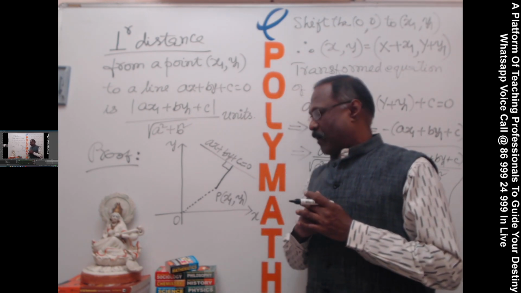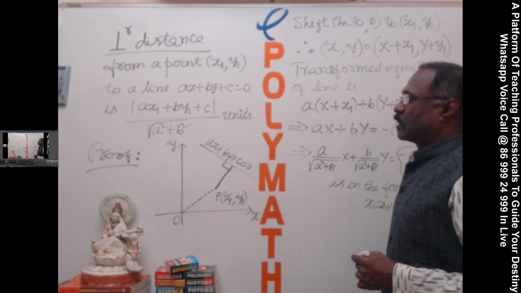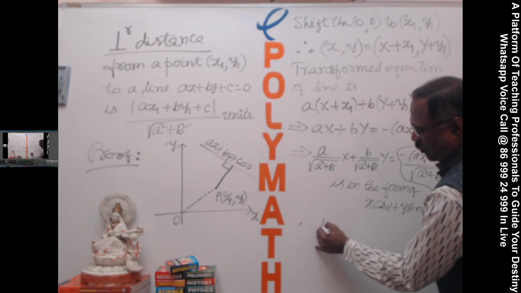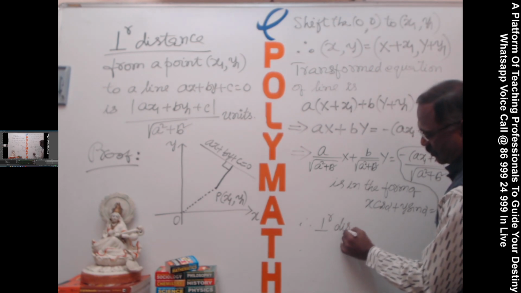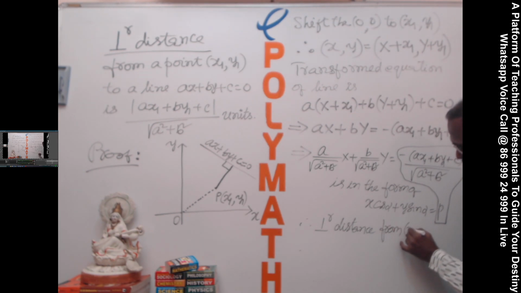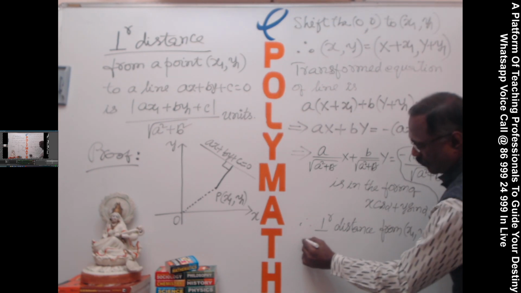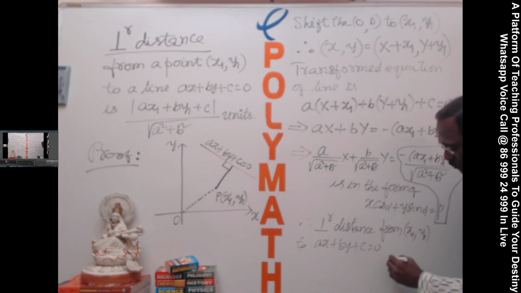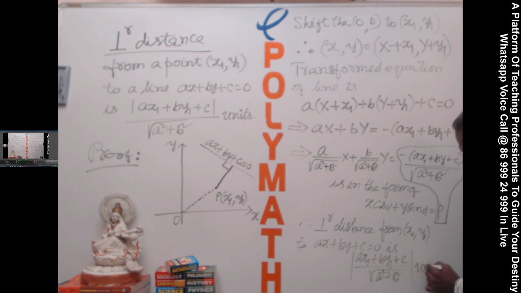So finally, the perpendicular distance from a point x1, y1 to the line ax plus by plus c equal to 0 is modulus of (ax1 plus by1 plus c) by root over a square plus b square units.